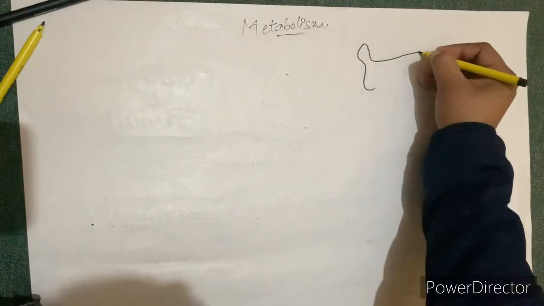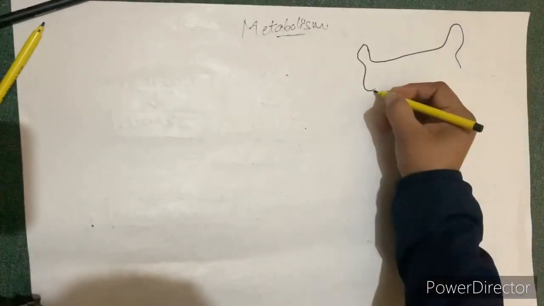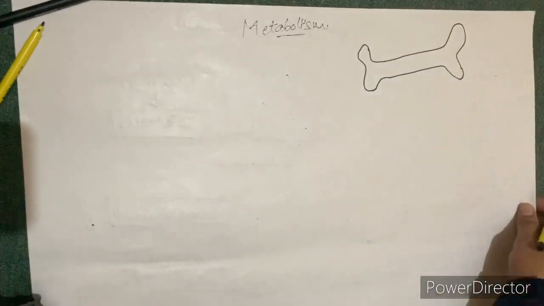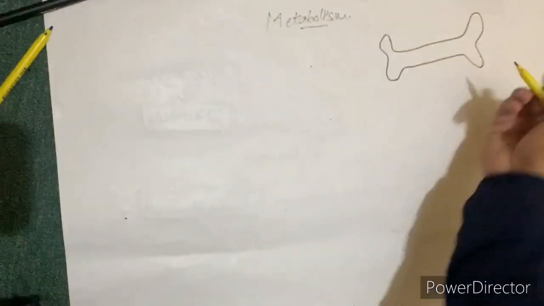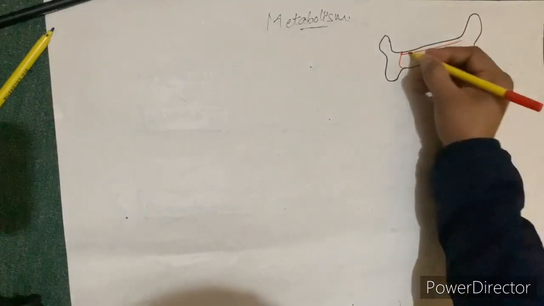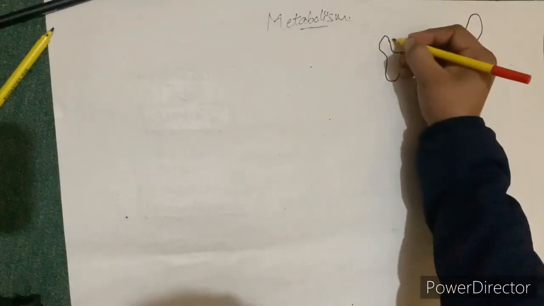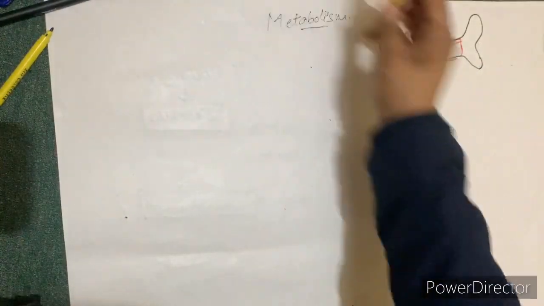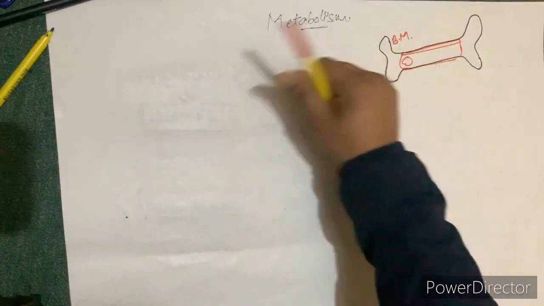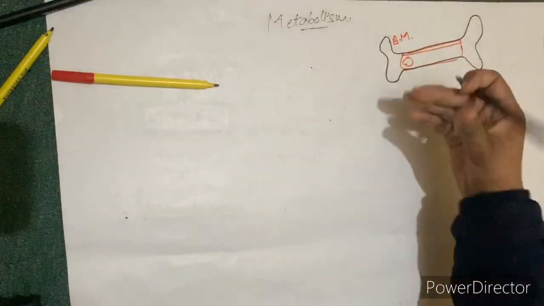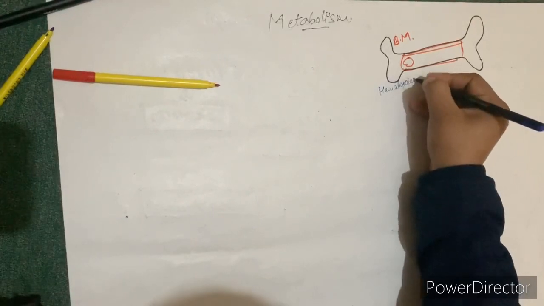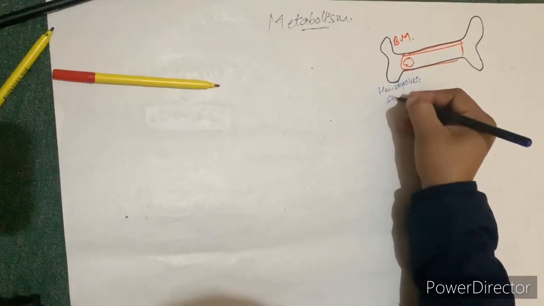This is our bone. Does my bone look like a bone or not? In bone marrow, you all know that bone marrow is present, and our bone marrow contains some hematopoietic stem cells. What are hematopoietic stem cells?